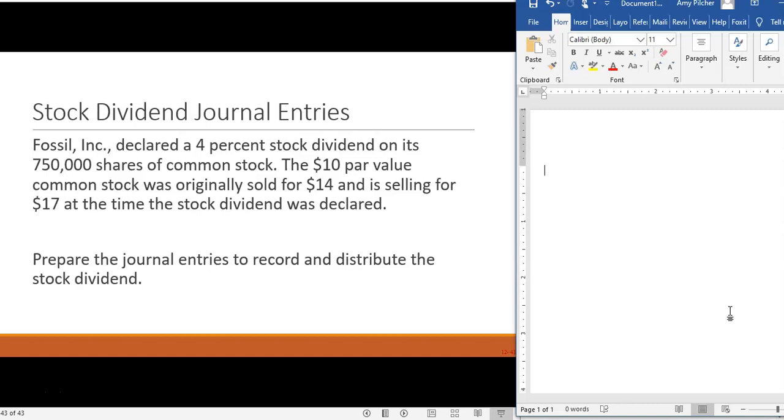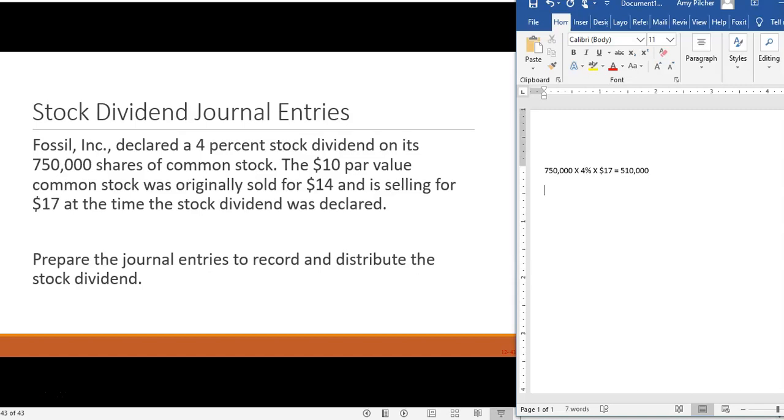It says that we declared a 4% stock dividend on our 750,000 shares. So if we take 750,000 outstanding shares times 4% times the market price of $17, we get a stock dividend of $510,000.